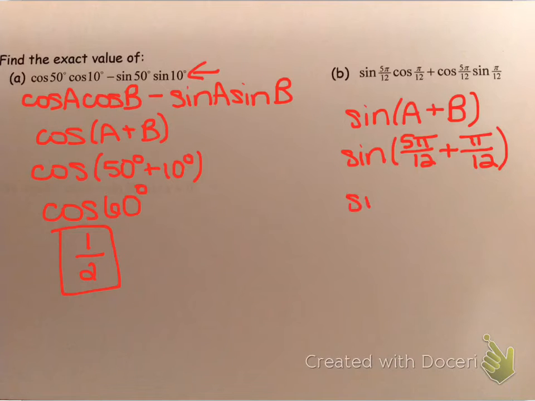Once they're on the short side of the identity they can add, and of course you get 6 pi 12ths initially, but that reduces down. 6 pi 12ths is pi halves, and sine of pi halves is 1.